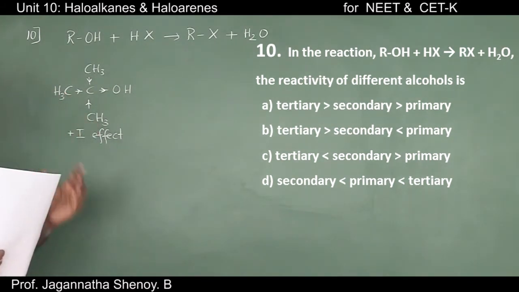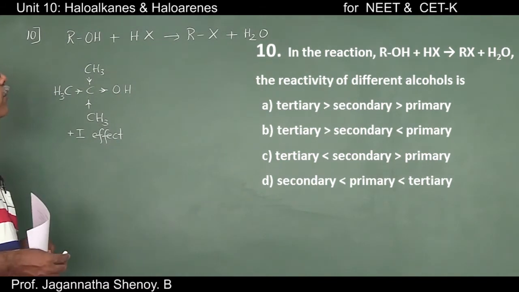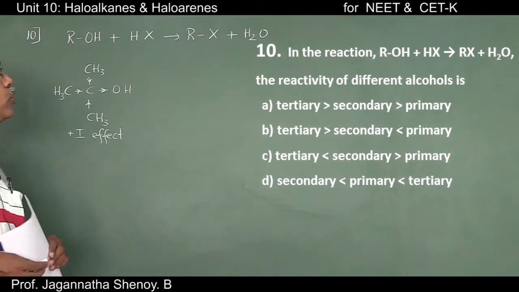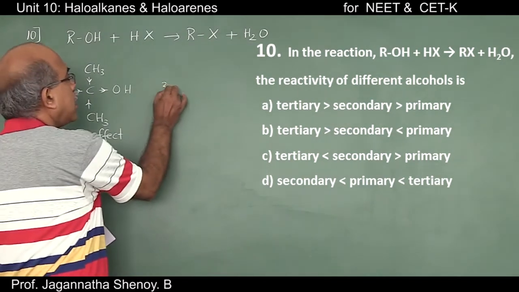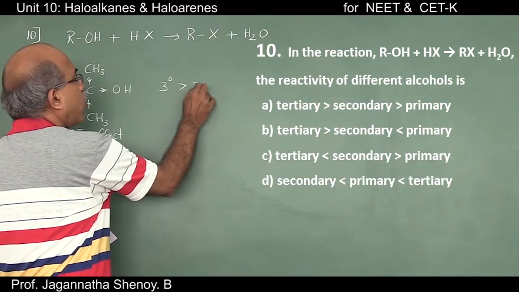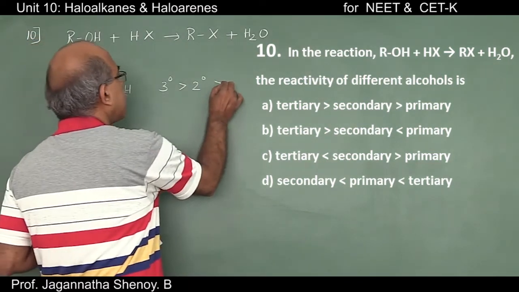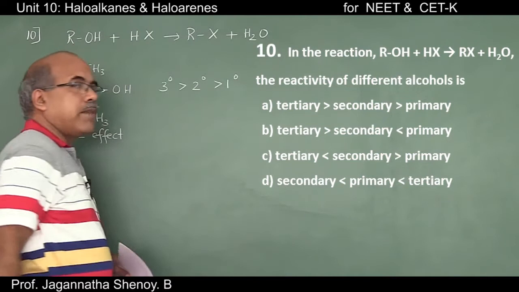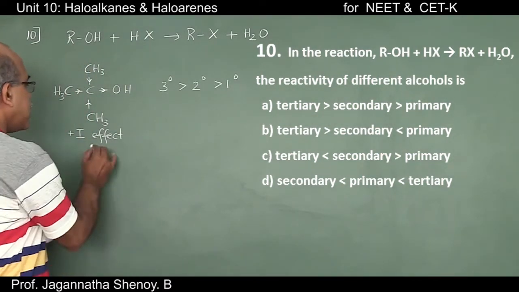So because of these two factors, the order of reactivity of different classes of alcohols towards a particular hydrogen halide is, a tertiary alcohol is more reactive than a secondary alcohol, and a secondary alcohol is more reactive than a primary alcohol. So what should be the answer for question number 10?